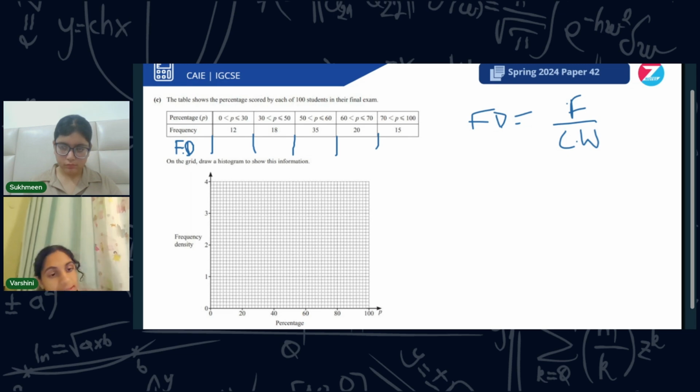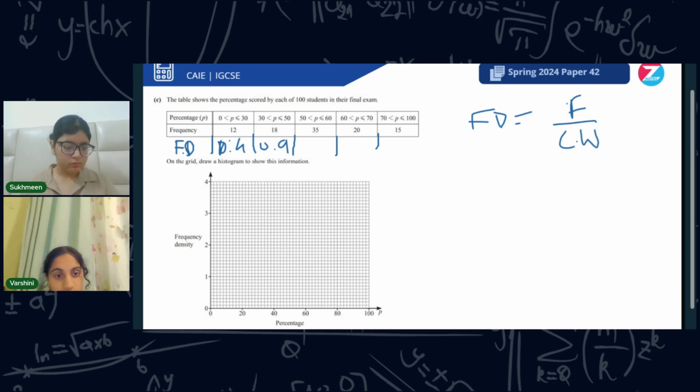So this is going to be 12 divided by 30 minus 0. So 12 divided by 30, which is going to give you 0.4. Now this is going to give you 18 divided by 50 minus 30. Don't forget to put the brackets. Which should give you 0.9.